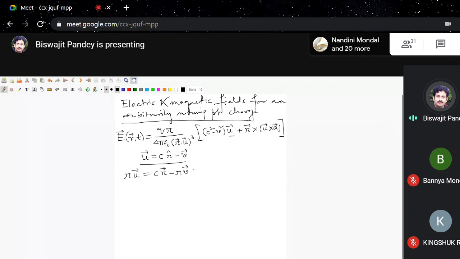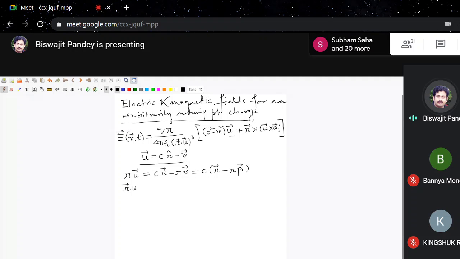If I take c common, c will be outside. Inside I will have vector r minus v by c, that will be r times vector beta. And then we have the r dot u in the denominator. This is r times this vector u, and we have r dot u in the denominator. So let us write that also in terms of beta.